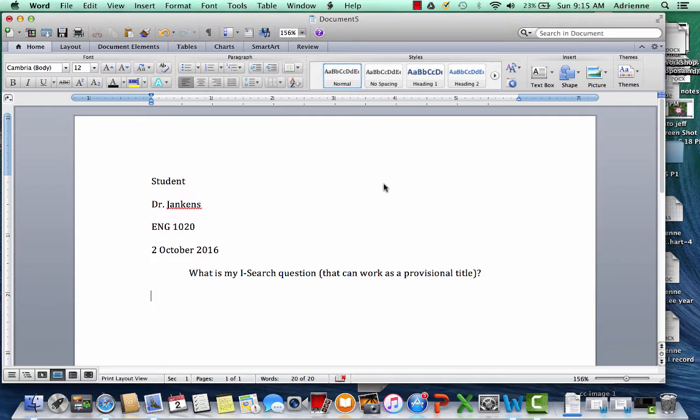Finally, I want to talk to you a little bit about what to do in the assignment that's due on Sunday. Here I'm working in a Microsoft Word document. This is the document that I'm going to eventually continue drafting my Isearch project in. So I'm going to start here. I don't need to make several different documents, although you certainly could if that's the way that you choose to work.